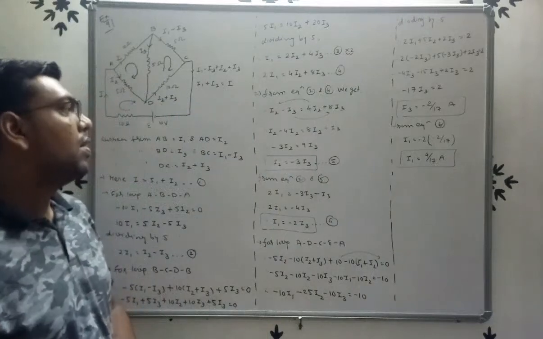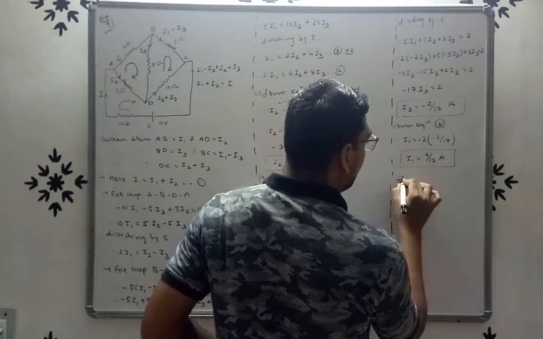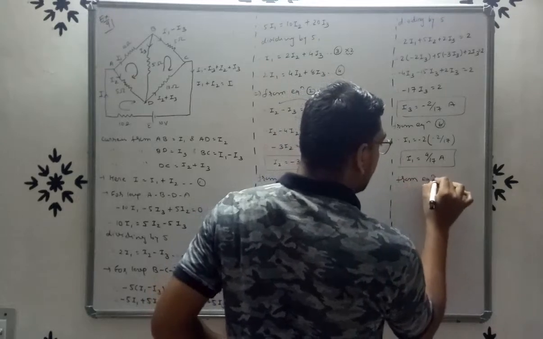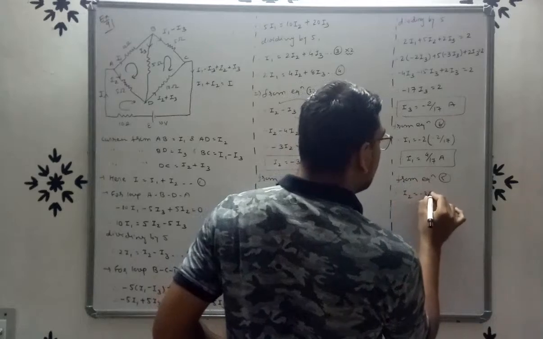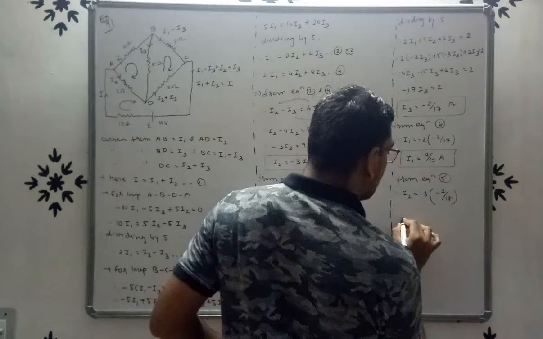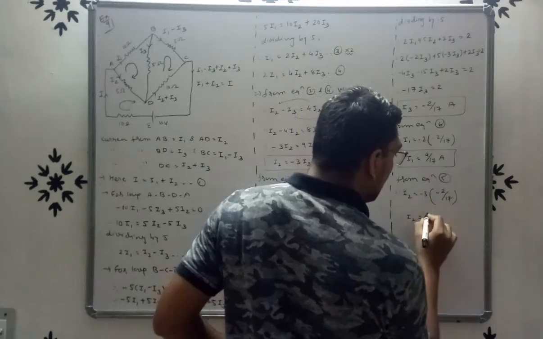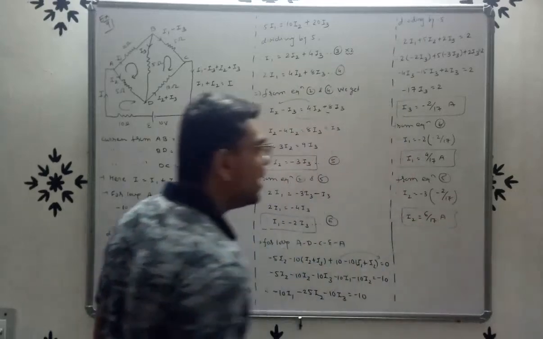Then to find out I2 we use equation number 5. So from equation 5 we get I2 is equals to minus 3I3, but the value of I3 is minus 2 by 17. So I2 is equals to 3 into 2, that is 6 by 17 ampere, right?